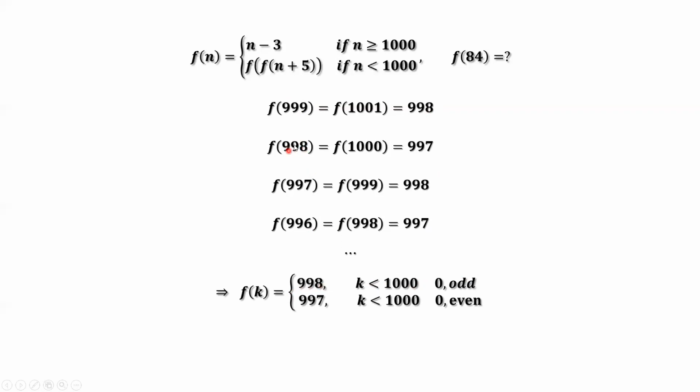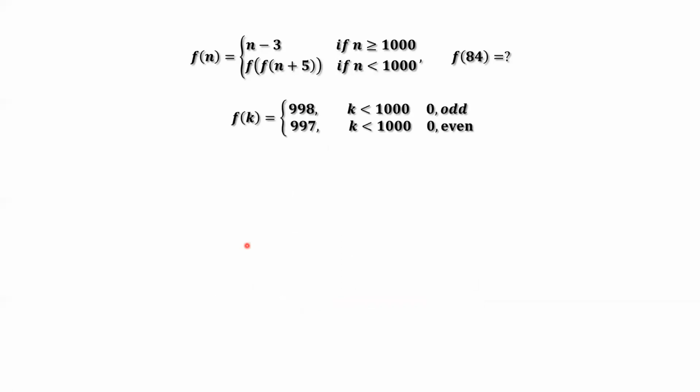If the number is even, the answer is 997. What is the question? The question is f of 84. 84 is even. We should use the second result, 997. This is the answer.